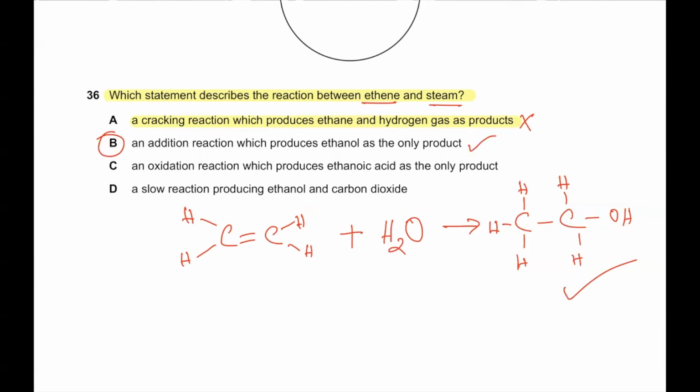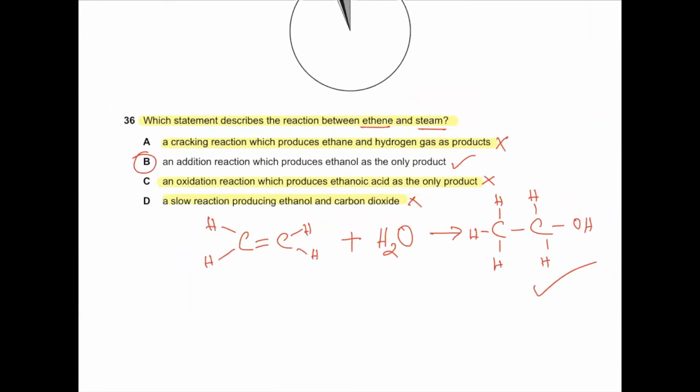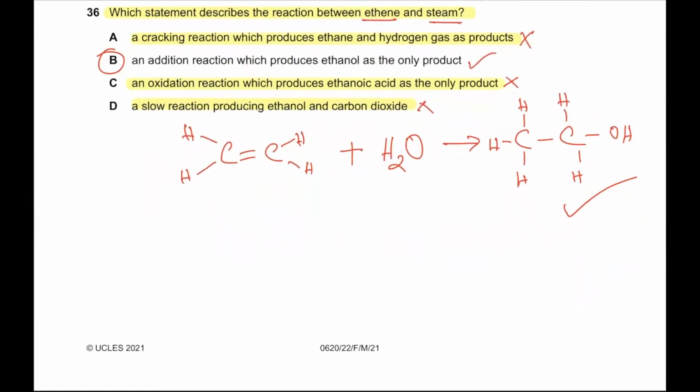So let's see why the other ones are wrong. An oxidation reaction which produces ethanoic acid as the only product? No, this is not an oxidation reaction. A slow reaction producing ethanol and carbon dioxide? No, this is not producing any carbon dioxide, and it is not a slow process. It is a very fast process. So question number 36, B is the correct answer.